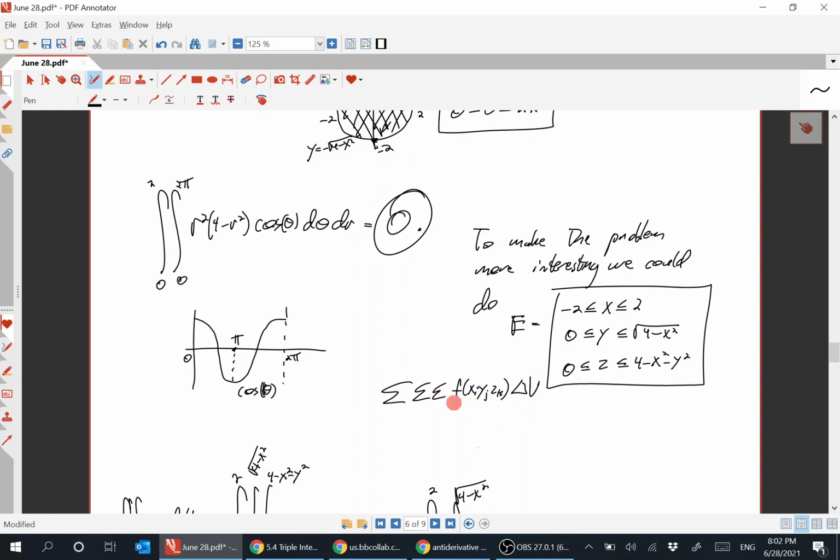The function f times delta v, well, the f can be positive or negative. When it's positive, and you think of it as mass per unit volume times volume, you get just mass. But the function could be negative, in which case you think, okay, fine, it's a negative mass.